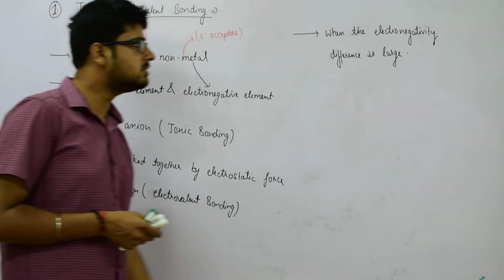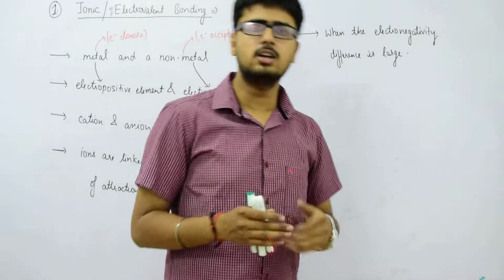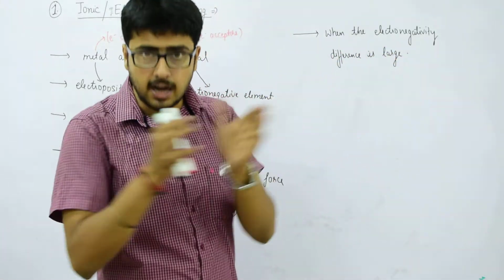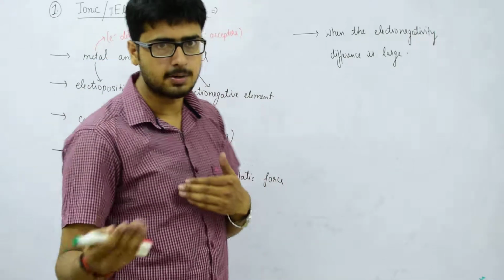And the last point is, for the formation of ionic or electrovalent bonding, the electronegativity difference between the combining atoms should be large, should be greater.